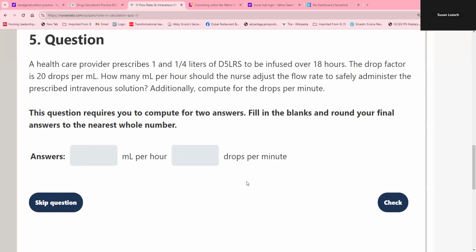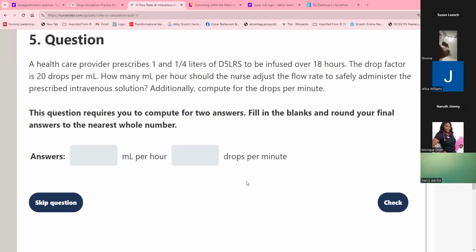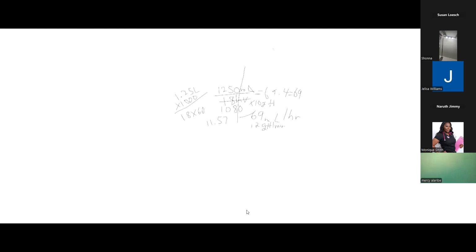Must be this one. Okay, so you could just look at the question here and do it. So we're just going to do the 1250 divided by the 1080 times 20, because our drop factor was 20, not 10.